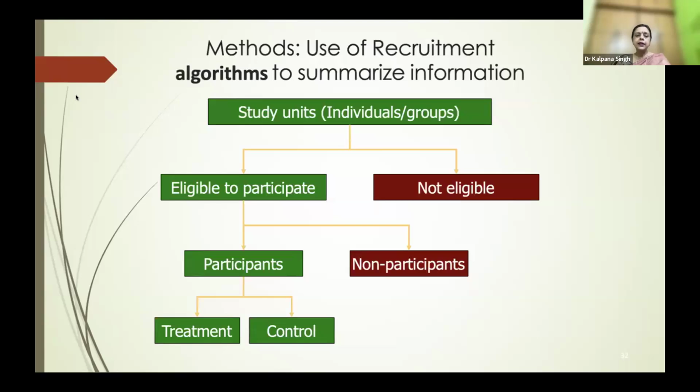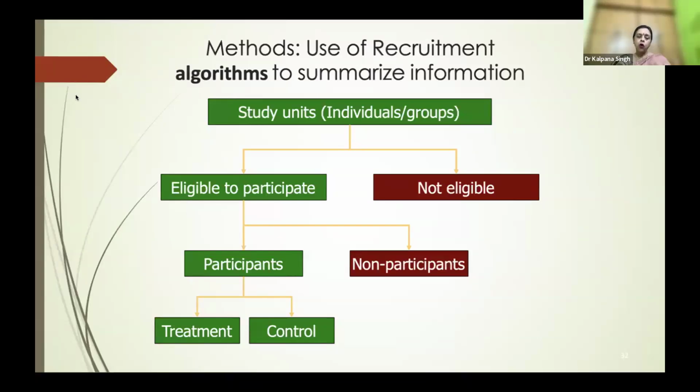For methods, this is an algorithm: whenever we study, an individual or group is selected, then we have to see who are eligible participants and who are not eligible. Those not eligible have to be excluded. These are part of methods. Of all those who are eligible, not everybody is going to be a participant.